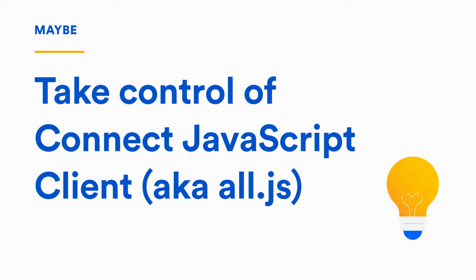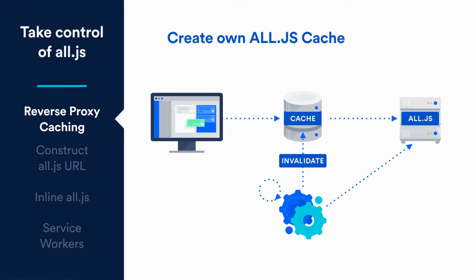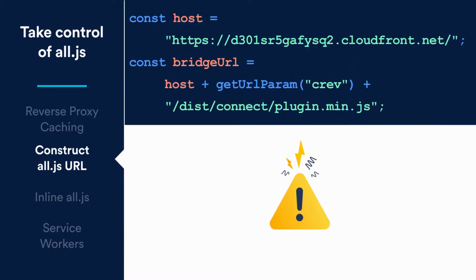So first, you could create your own all.js cache and periodically check for changes and invalidate the cache when those changes happen. Secondly, by looking at the all.js source, you would find out how this shell script works, and the way it works, it just passes the query parameters to request that file, and so you could construct that by yourself.